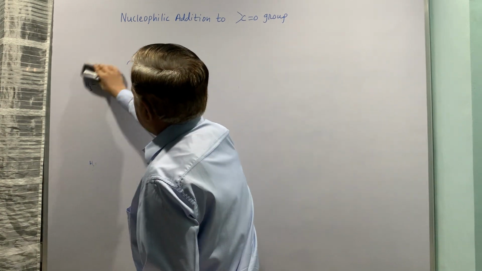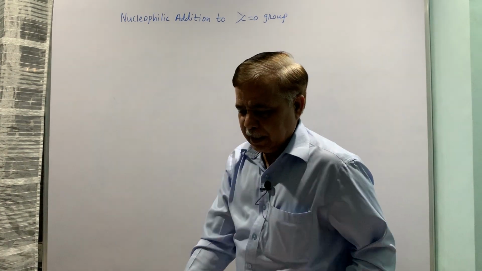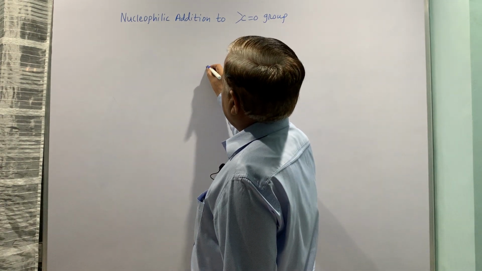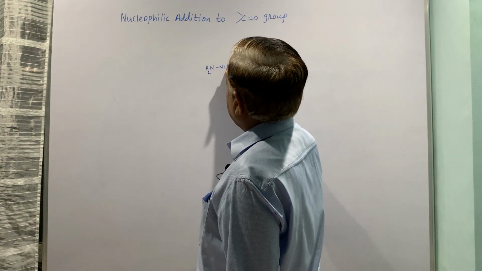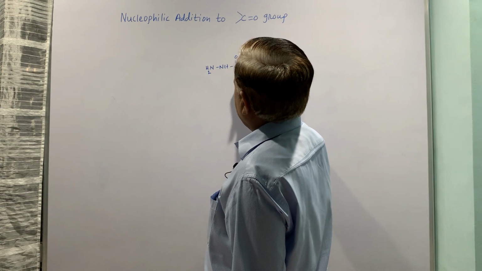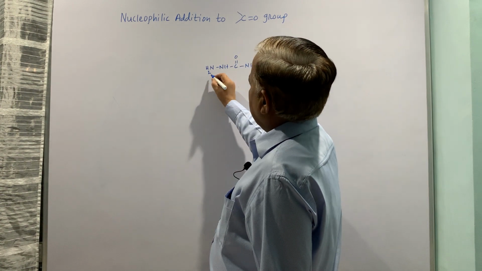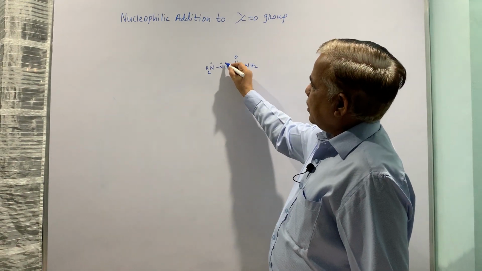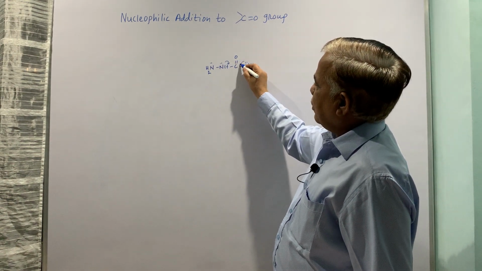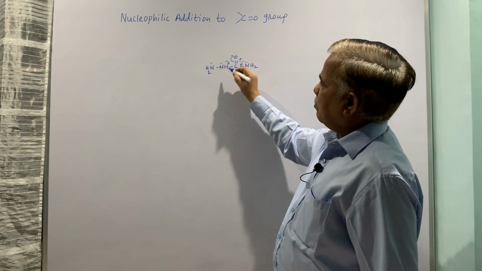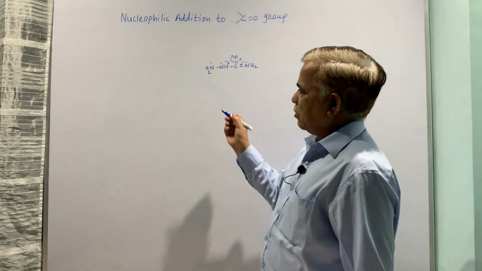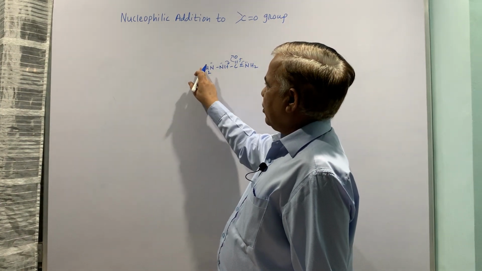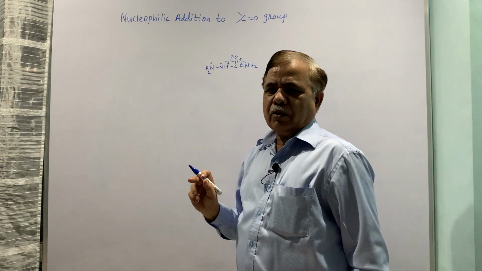Another reagent is semicarbazide, NH2 NH CONH2. Now this nitrogen can attack, these two nitrogens, their lone pair is delocalized here, so their lone pair is not available. So when this interacts, obviously you will get a double bond between this nitrogen and the carbon of carbonyl.